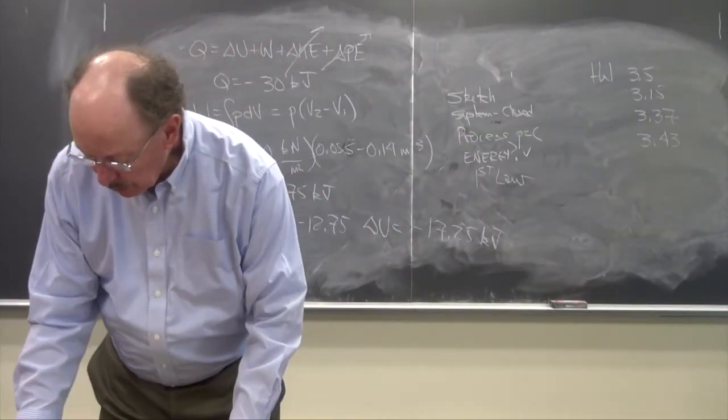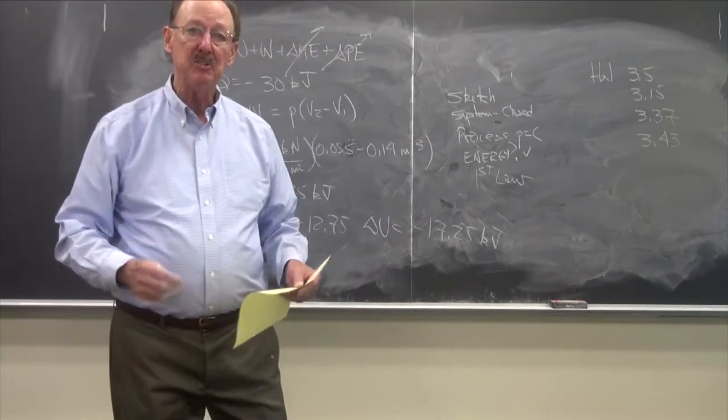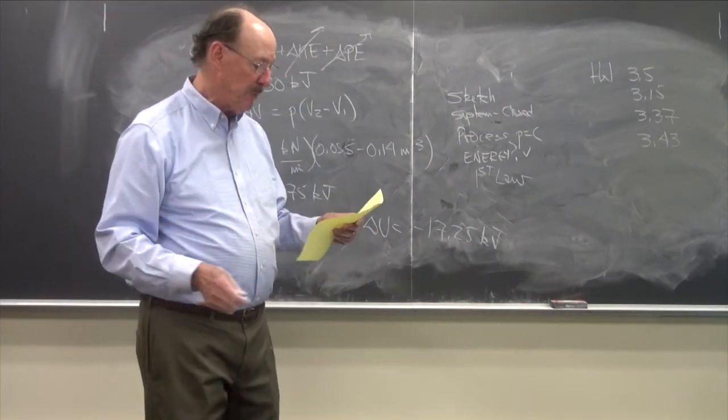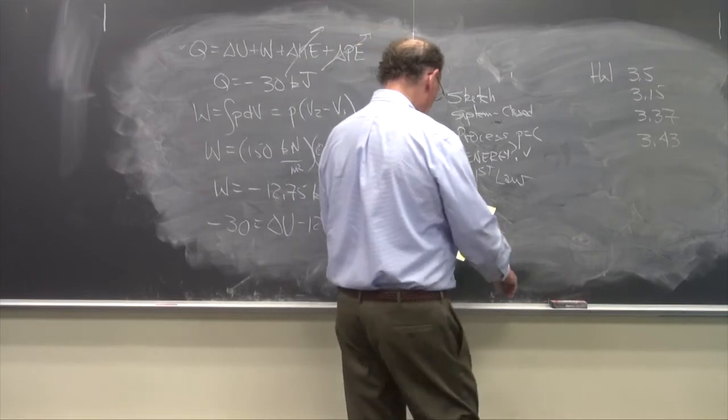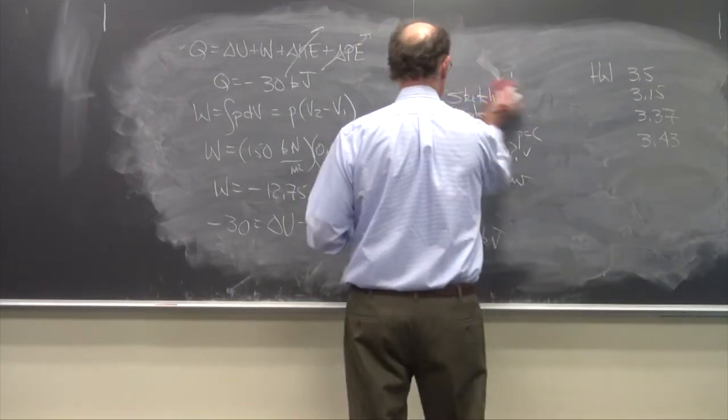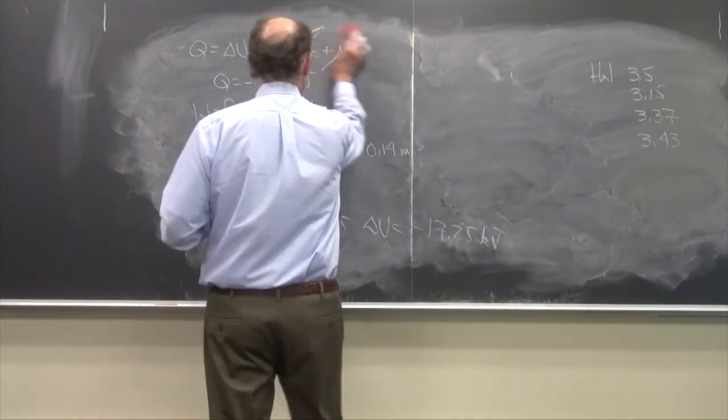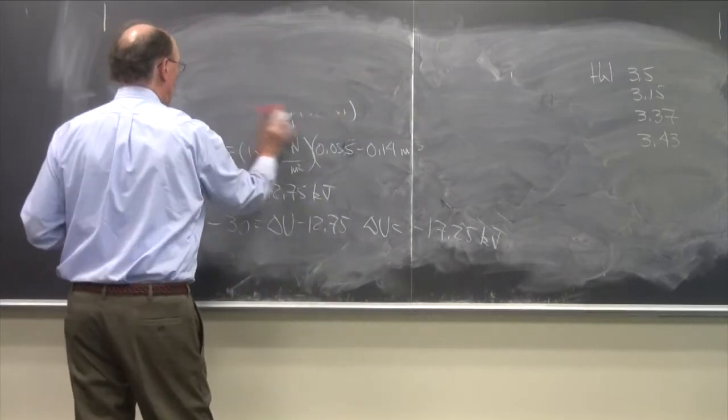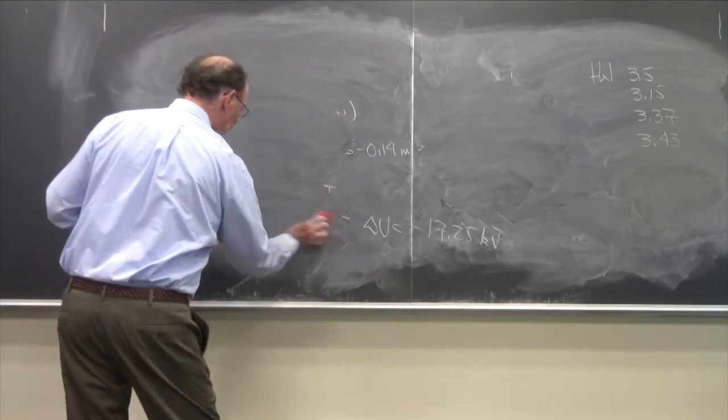Now we want to look at a couple of things before we move to the first law for open systems. One of them is a topic in the book called energy as a property, and looking at a cycle.